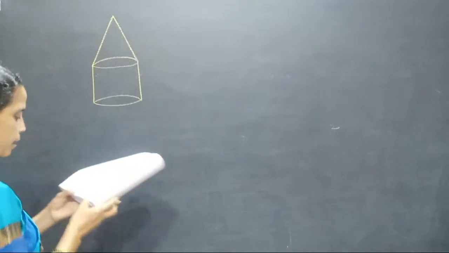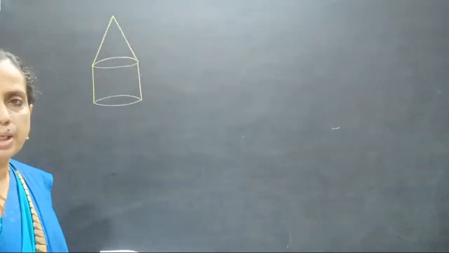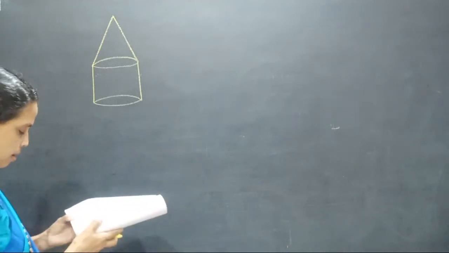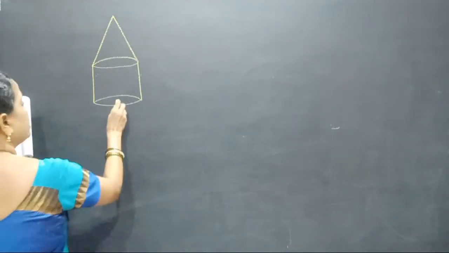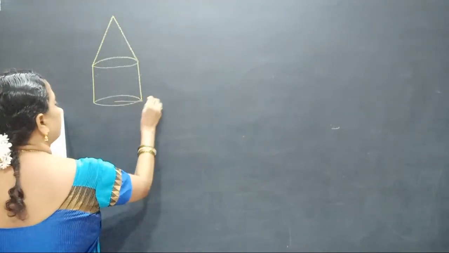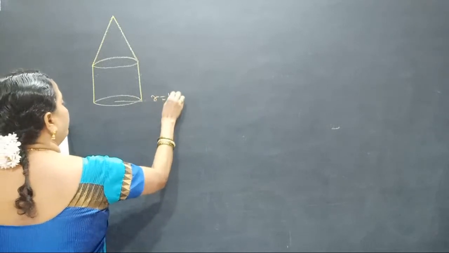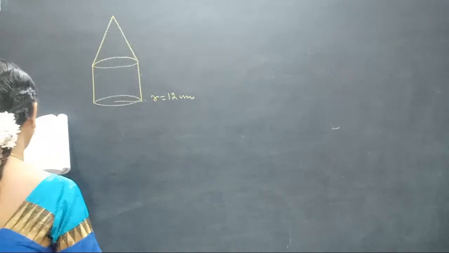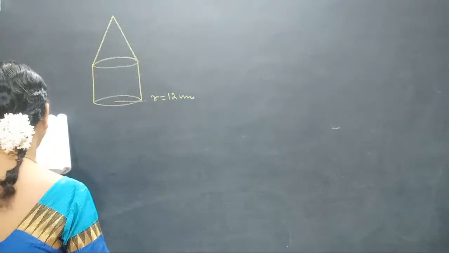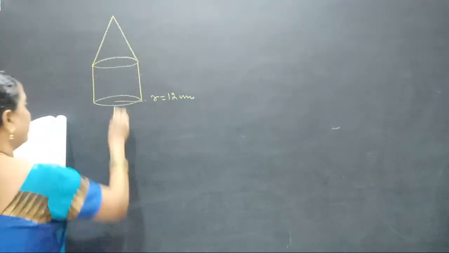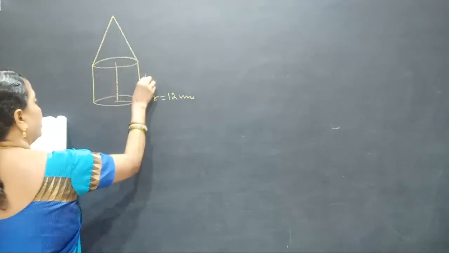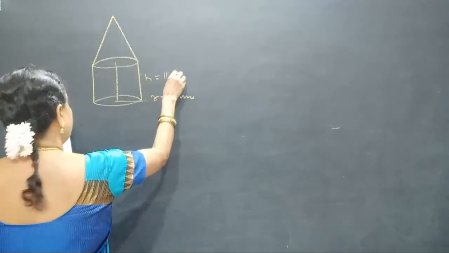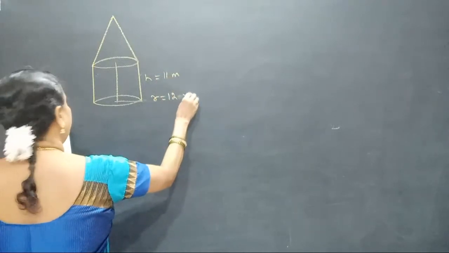The diameter of the cylinder is 24, so directly I am taking the radius as 12. The height of the cylindrical portion is 11 meter. This is also in meter.